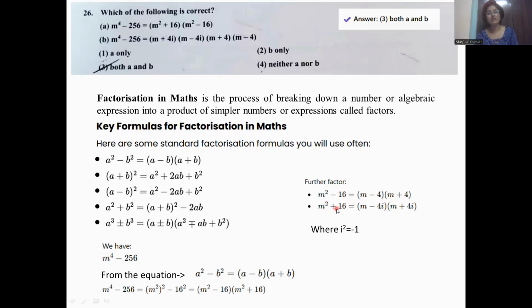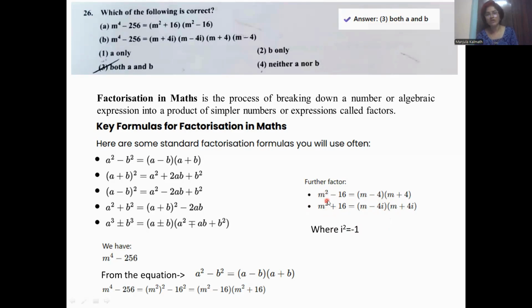And m square plus 16 can be written as m minus 4i into m plus 4i. Here 4i whole square is 16i square, and the value of i square is minus 1, so substituting i square equals minus 1, it becomes m square plus 16.